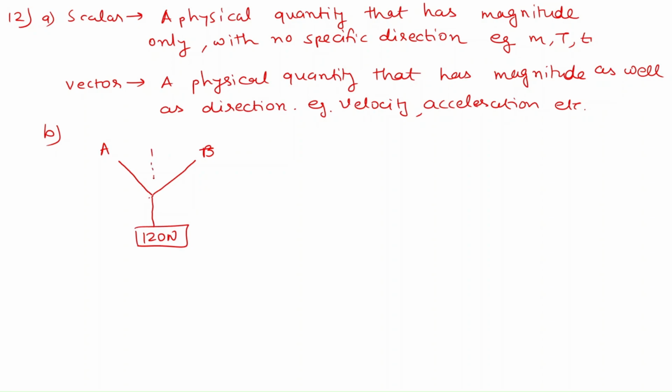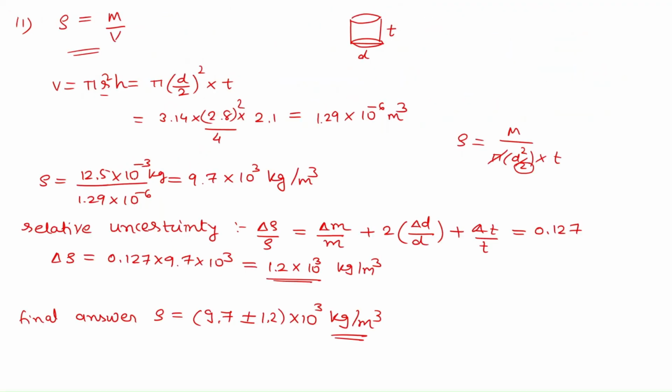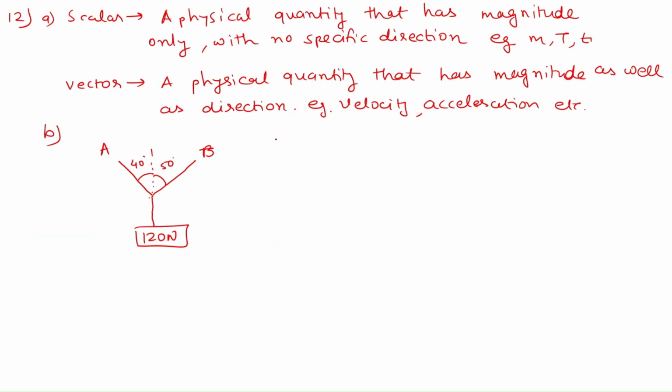And this angle is 40 and this angle is 15, I guess. Okay, so find TA and TB. In this question, we are doing resolution of components into directions, which we discussed in a previous video.